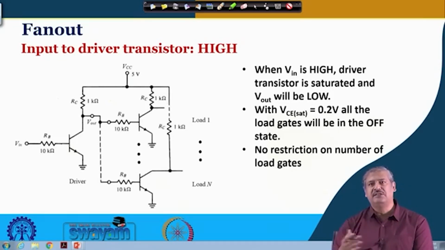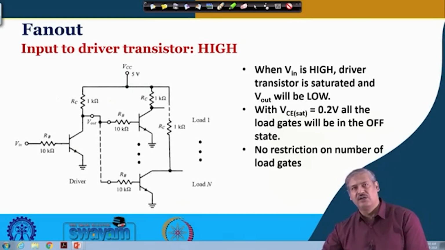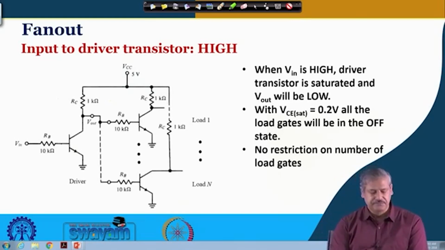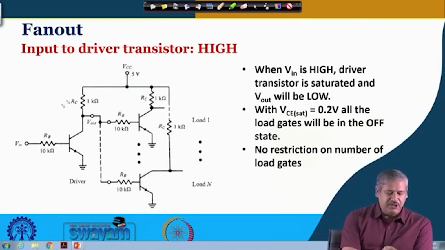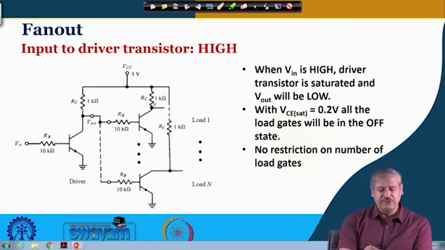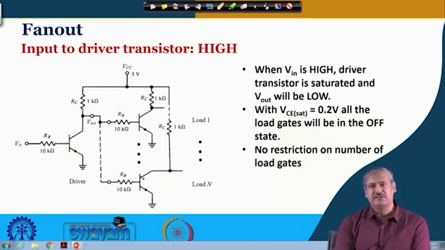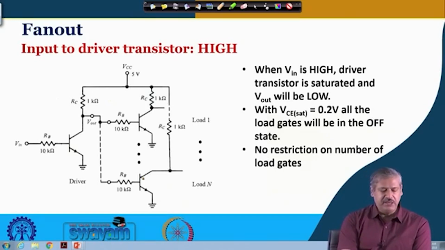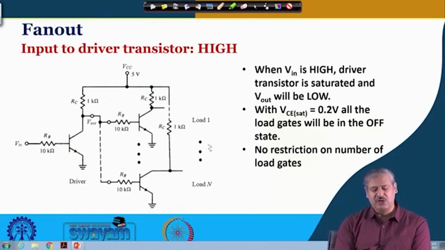We know that hundreds, thousands of such gates are working together in an integrated circuit. So, this particular inverter is connected to many such inverters. This is the driver and these are the loads: load 1, load 2, load n. We shall figure out how many loads can be connected.